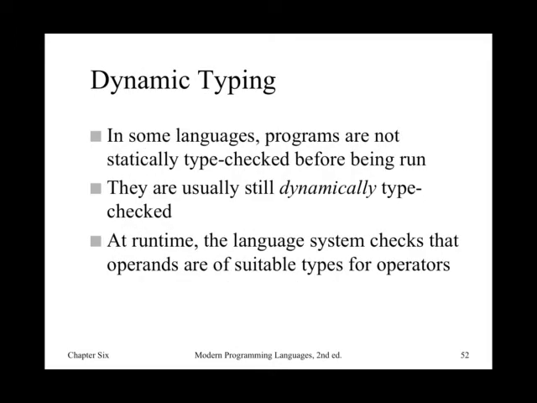In dynamic typing, in the extreme case, the programs aren't type checked before they're run, and then they're typically dynamically type checked. It's almost never the case that there's no checking at all. What it really means for the most part is I'm trying to perform an operation and I don't know what it means.